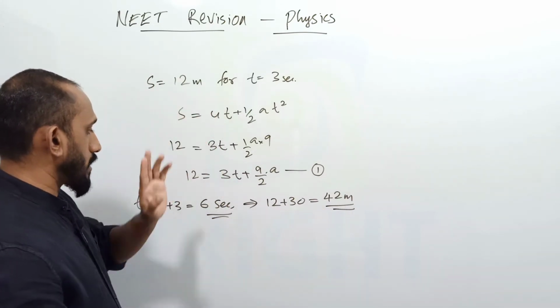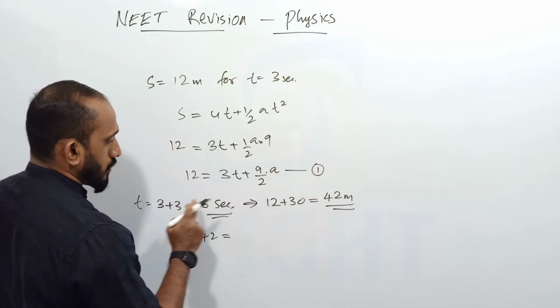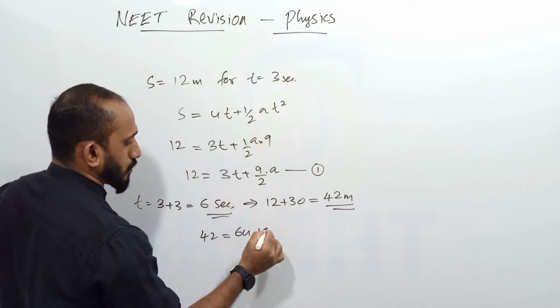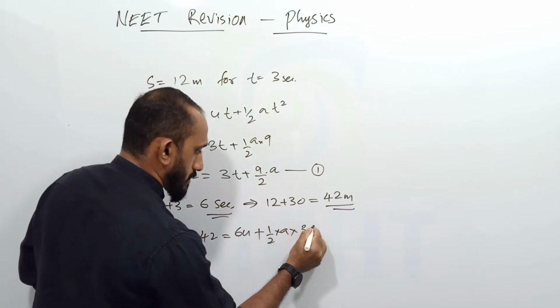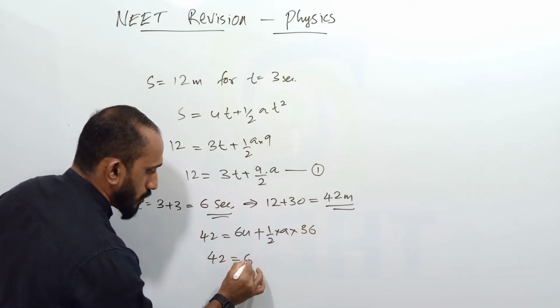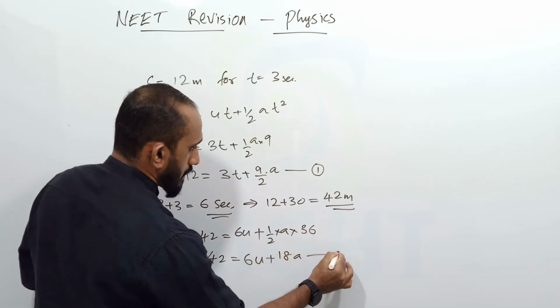If you put this in the equation, we get 42 is equal to 6u plus half into a into t square, where 6 square is 36. So you can write this as 42 is equal to 6u plus 36 by 2, that is 18a. That is equation number 2.